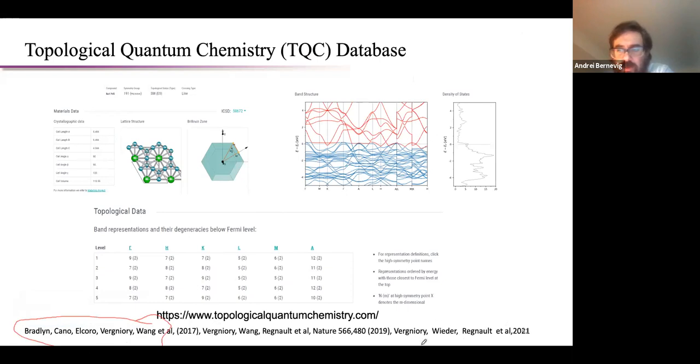It now contains about 70 to 80,000 materials, and you know their topology, and moreover the topology of each set of separate bands that you can take.